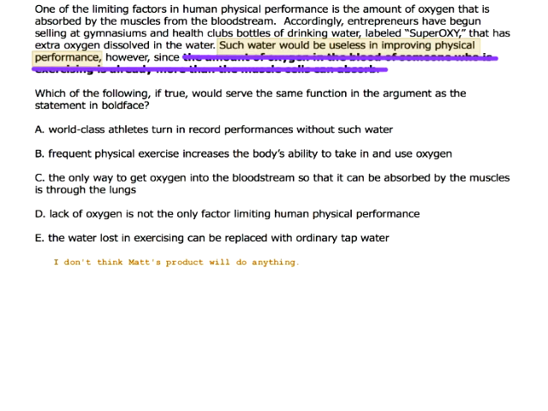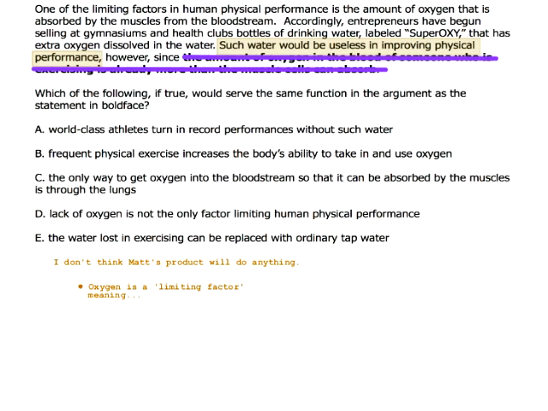So if oxygen, O2, is a limiting factor, what this means is that if you can get more oxygen into the muscles, then performance will improve.